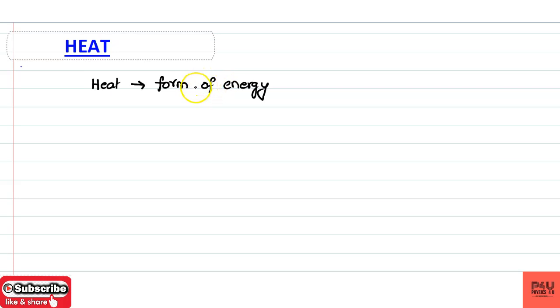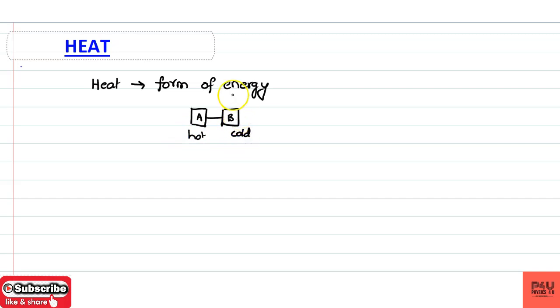So what is thermal equilibrium actually means? When one body is in thermal contact with another body, heat transfer will take place from hot body to the cold body. Suppose a body A is in thermal contact with another body B. Say this is a hot body, this is a cold body.